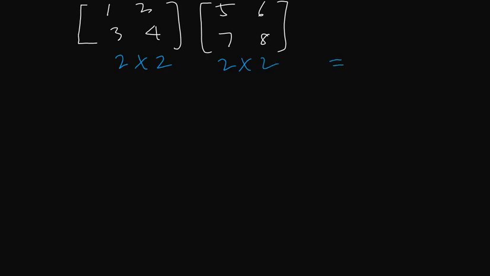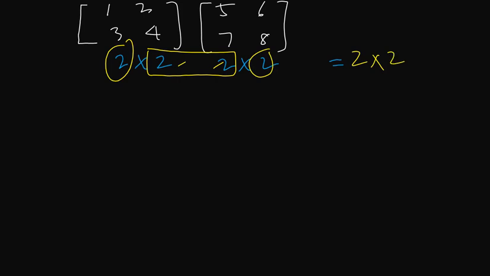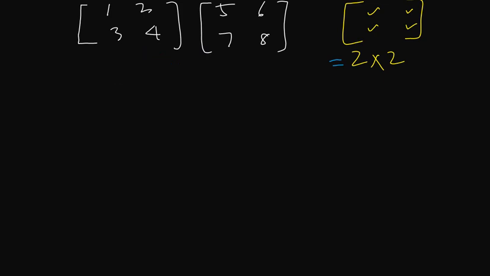The order of the product will be, this one is the same, right? The column and the row. So the product will be 2 by 2. Okay, so that is what we predict. 2 by 2.